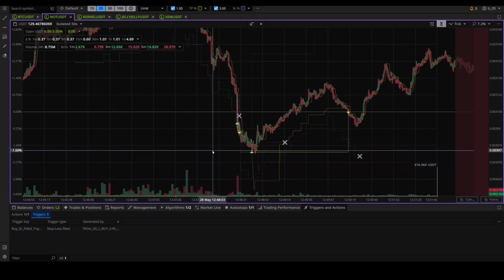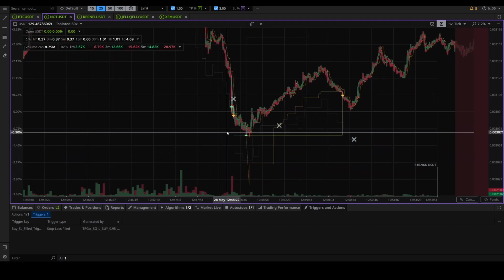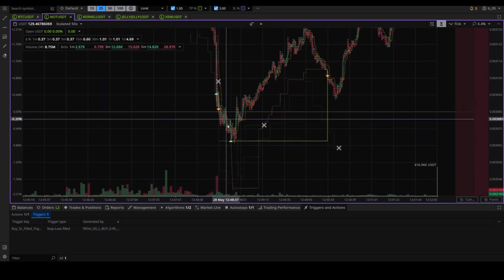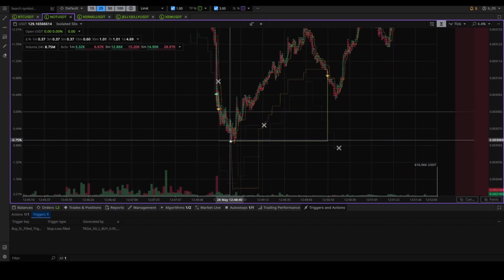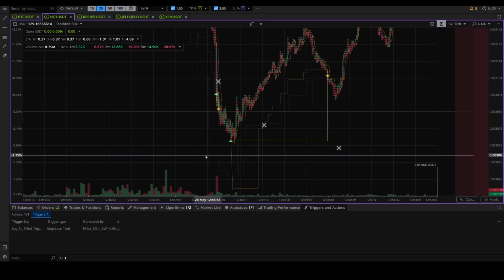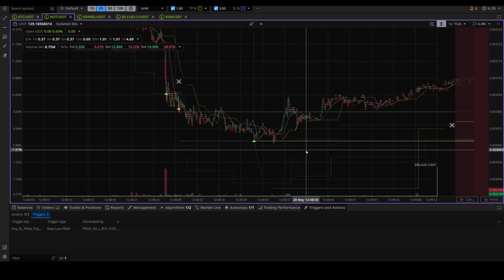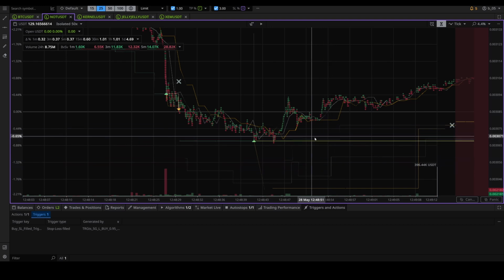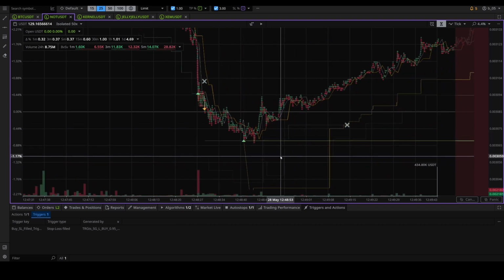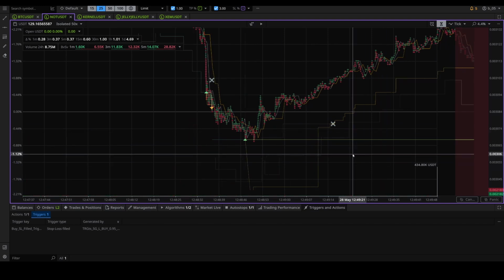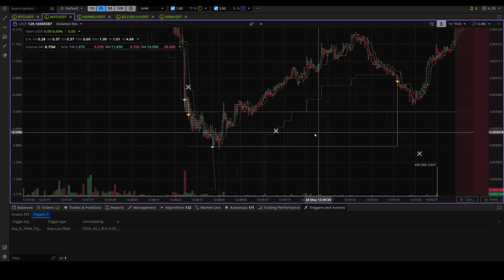But what you can do is look at the distance that you want your backup algorithm to start at. You might look at the length of time you want the order to stay put before moving away or towards the price. You can play around with the lifetime of the action, the lifetime of the clone of this backup algorithm.